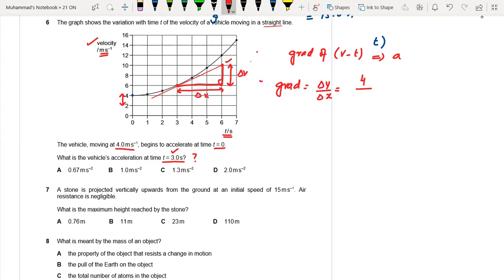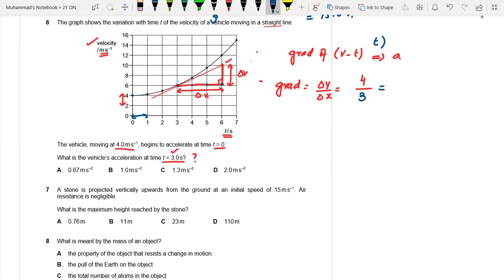Divided by the time, which is in seconds, and on the horizontal axis we know that one small division is equal to 1 second. So we have 3 small divisions over here, 3 boxes, so we have 3 seconds. Okay. So 4/3 will be equal to the approximate gradient in this case.